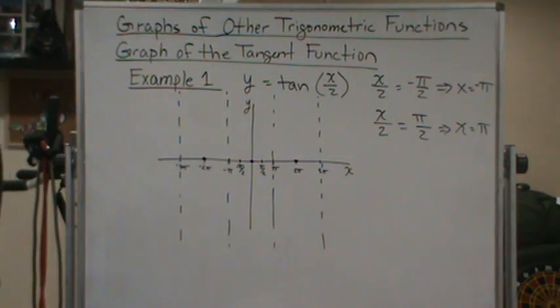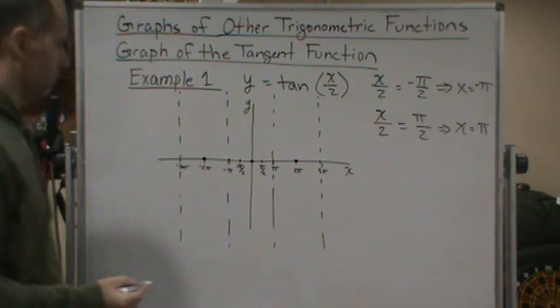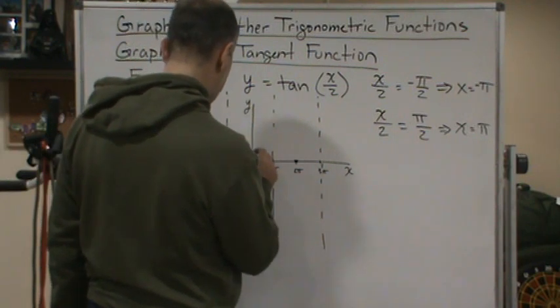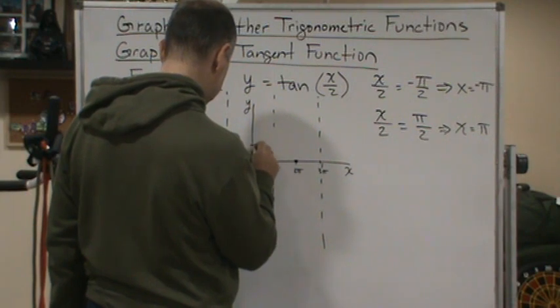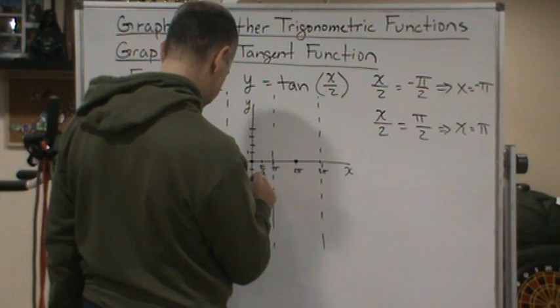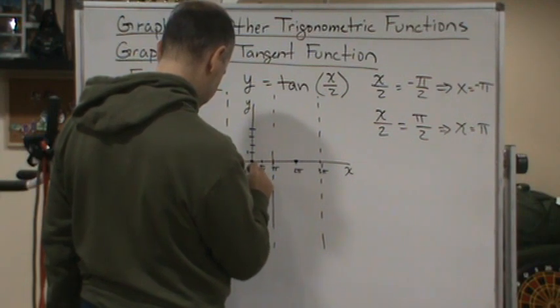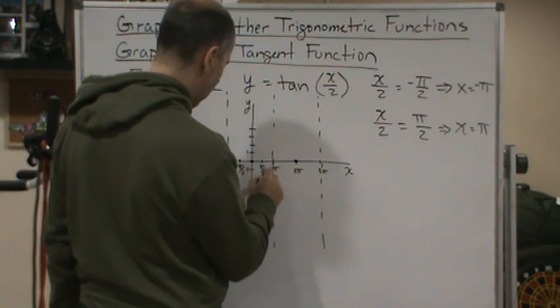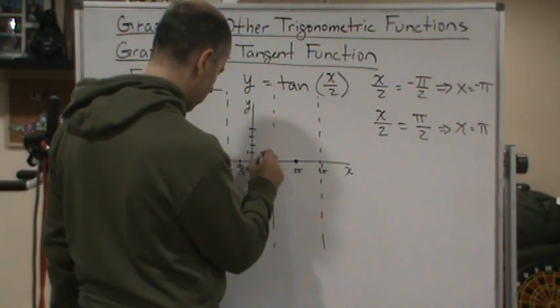And what's tangent of pi over 4? 1, right? So at pi over 2, it's going to be 1.